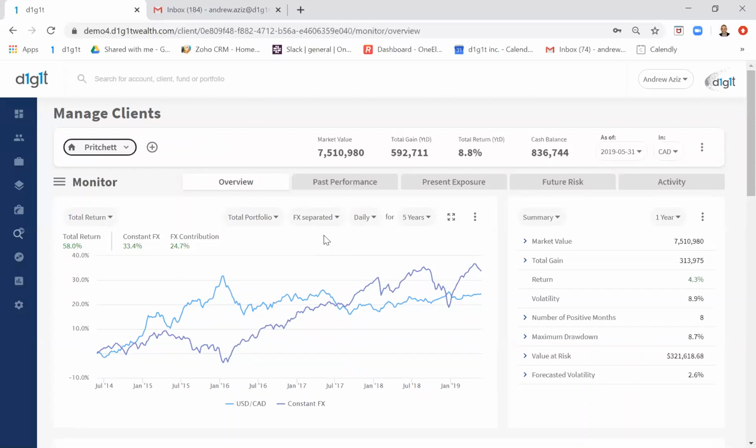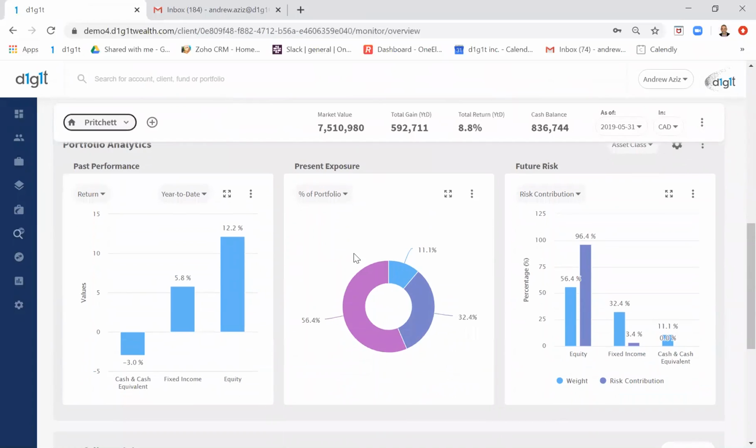So now let's look very specifically at Jay. And in case he has concerns about recent performance, we can scroll down to these panels that show in one place his past performance, present exposure, and future risk profile.